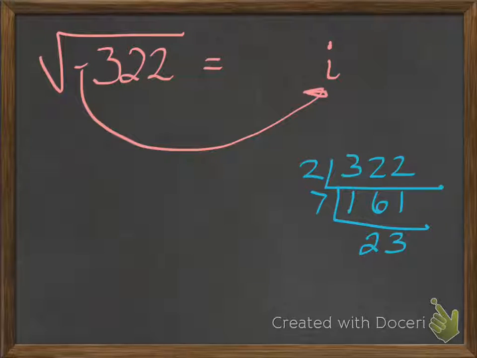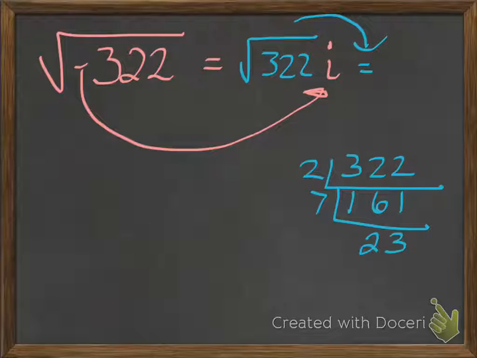So you write the square root first, or you can write the square root at the end, whichever way you prefer. So this is the same thing as me writing i times the square root of 322. If you think your handwriting is going to get sloppy and your square root's going to get in the bad spot, write the second one.